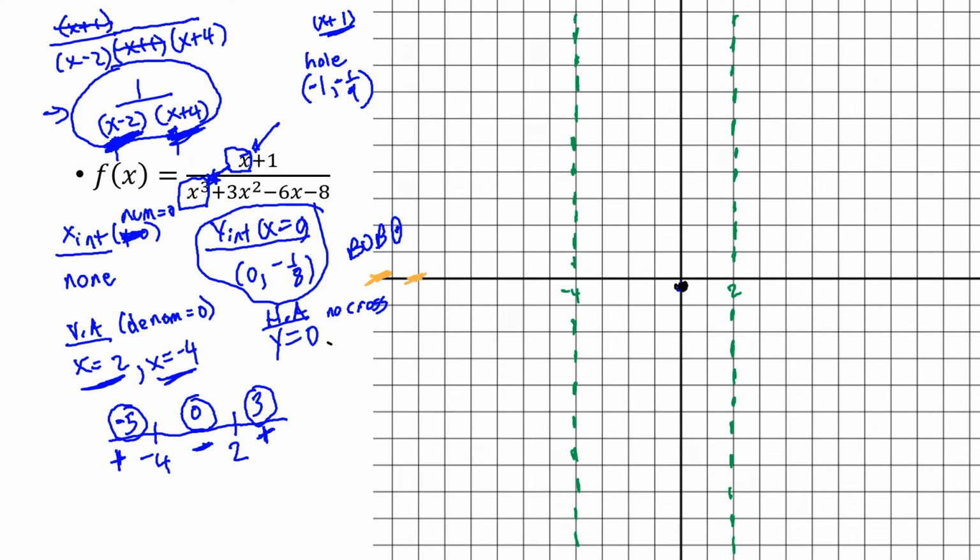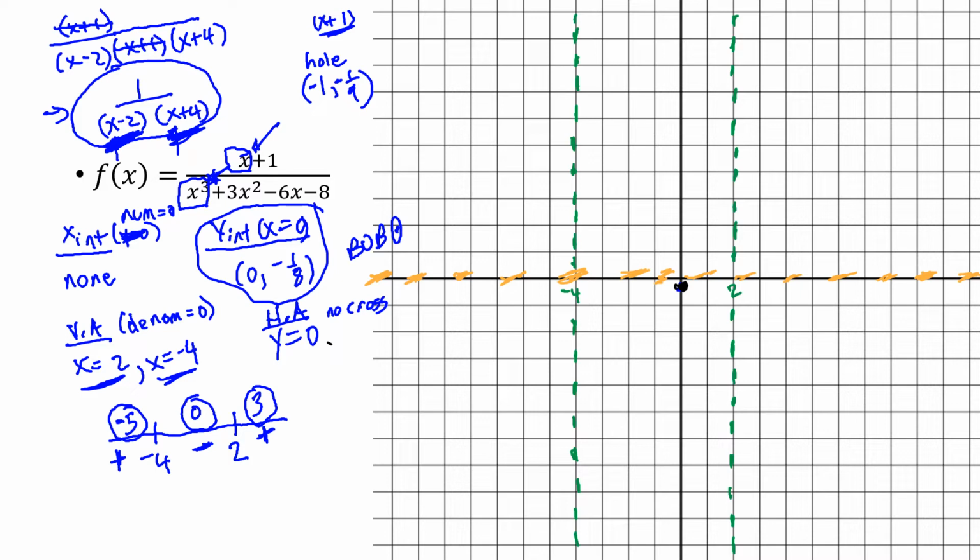So here's our horizontal asymptote through y equals 0, basically through the x-axis. And excuse the messiness, it's kind of hard to draw this on a straight line here. But anyway, there's our horizontal asymptote through y equals 0, or the x-axis.